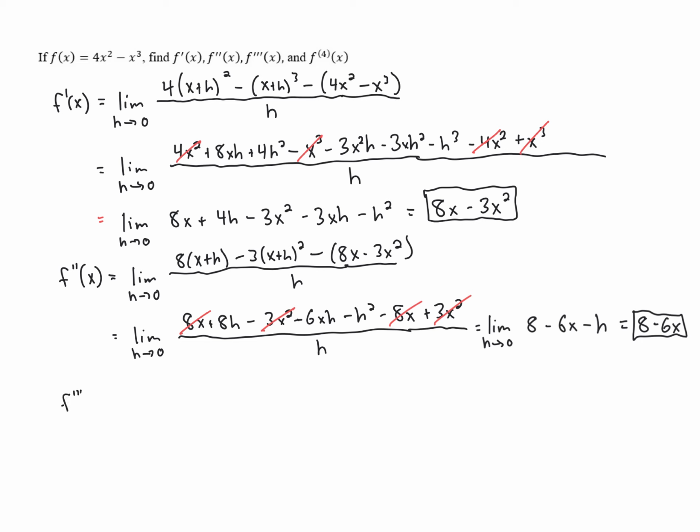So, for the third derivative, again, it's like deja vu. We need another limit as h approaches 0. But the thing that we're going to plug in x plus h to is our second derivative, which we're differentiating to get the third. So it's going to be 8 minus 6 times x plus h minus the function at x, 8 minus 6x, all over h.